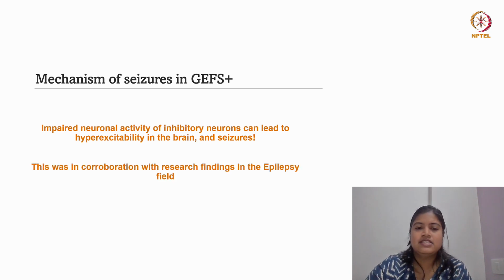And this is corroborative of the interneuron hypothesis, where other researchers who have studied the mechanism of seizure generation have also proposed a similar thing, where impaired firing in inhibitory neurons can lead to seizures.